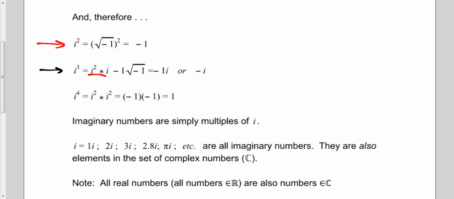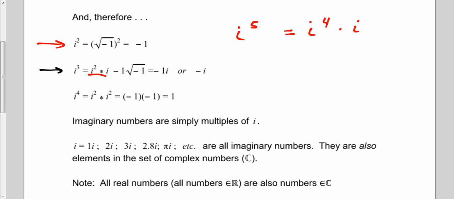What about i to the fifth power? What would that be? It's i, right? Because i to the fifth is i to the fourth times i.